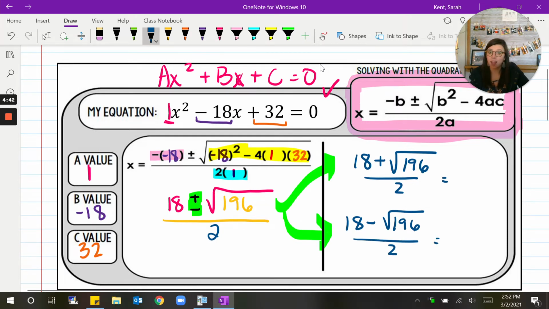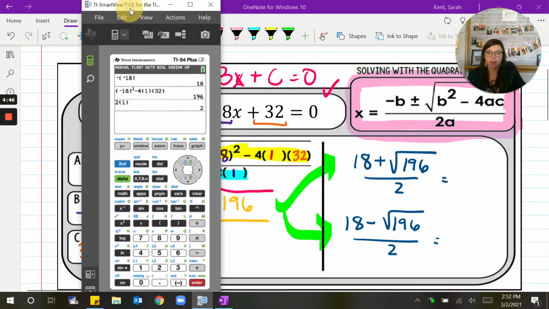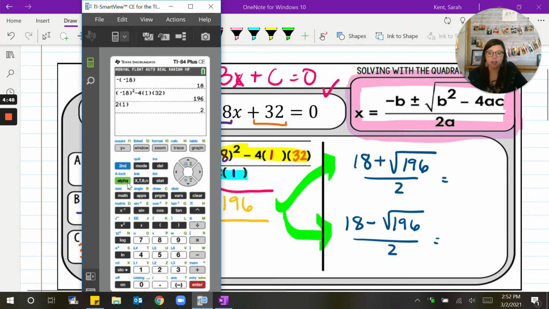And again, I can use my calculator. On my calculator, I'm going to get a fraction. I can do alpha x to get the fraction. I'll type in 18 first, plus second square root, 196. And on the bottom, I want 2. Press enter, and I get 16.